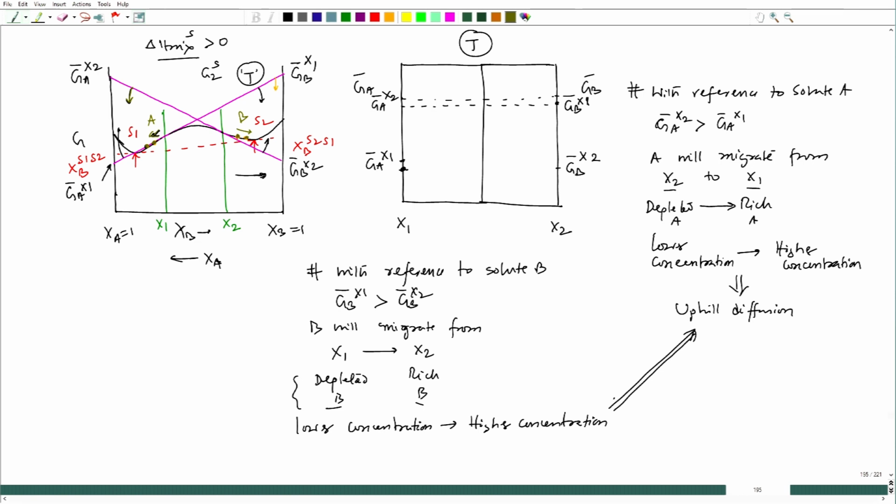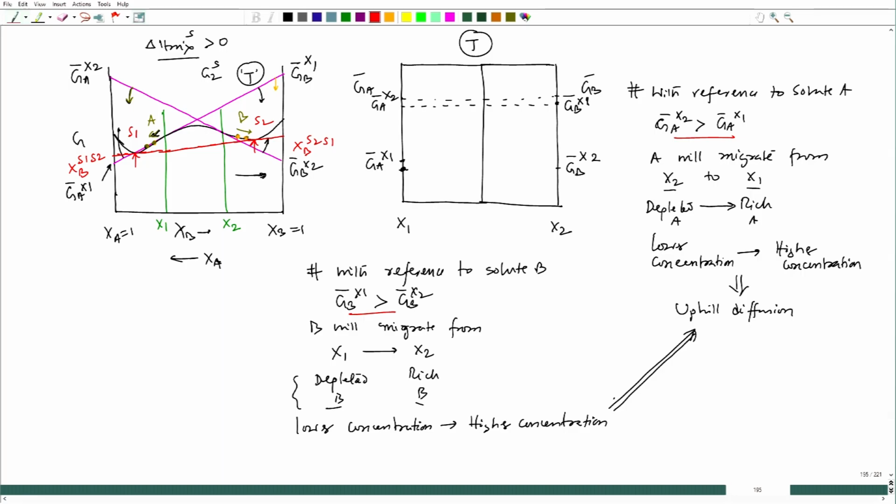finally these two lines will merge with this common tangent, and then we get those equilibrium compositions x B S 2 S 1 and x B S 1 S 2. So, the differences between these two will cease. The system will reach equilibrium. Okay.